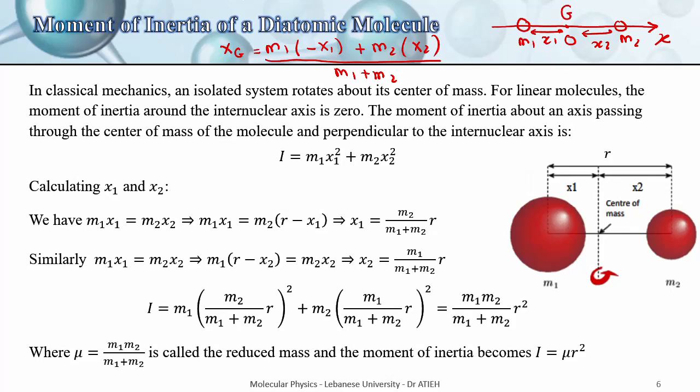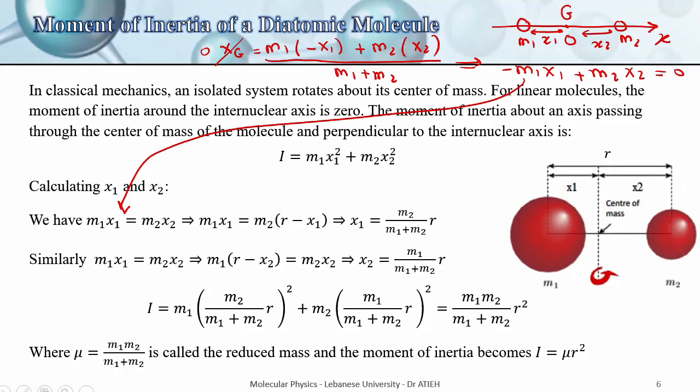Because we have already chosen G to be at the origin of the x-axis, xg will be equal to 0. So we remain with minus m1 x1 plus m2 x2 equals 0, which leads to this formula. This is the way we arrive at this formula. Once we have equilibrium between two parts, m1 x1 must be equal to m2 x2.